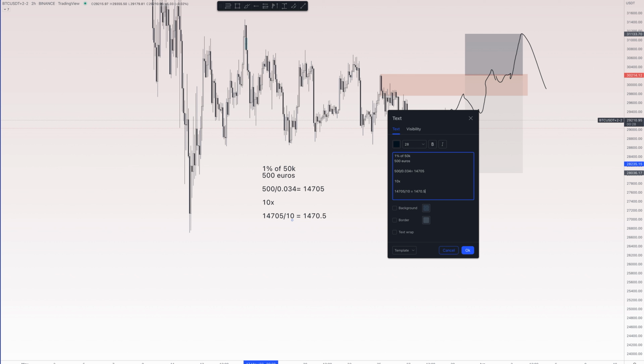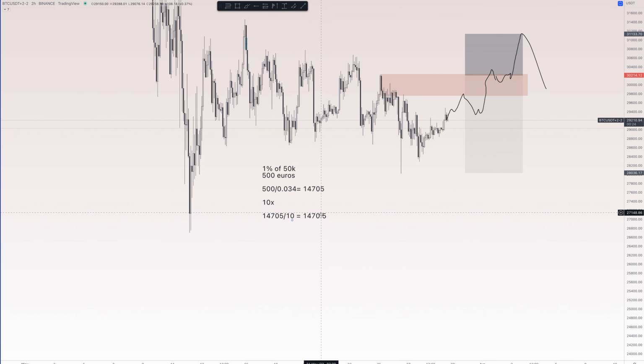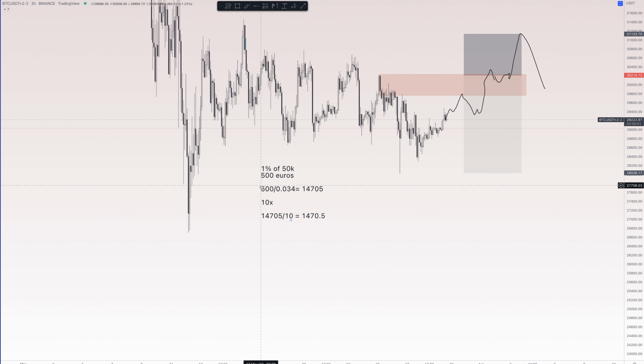Okay, so now your margin will be this. This is the amount of money you will put in your futures trade, and with the 10x leverage, this will be the actual position size. The 500 euros will still be the amount you are going to lose if you're getting stopped out.